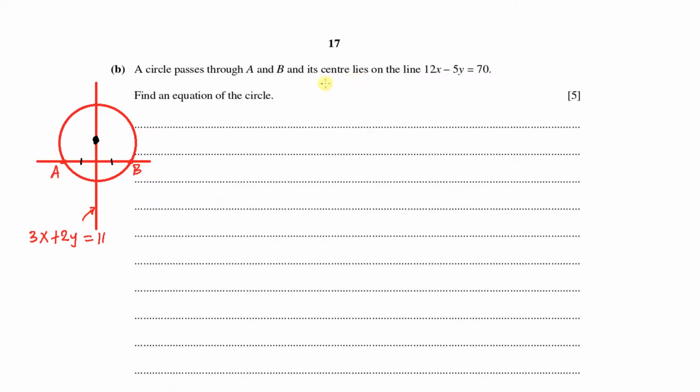We're also told that the center lies on the line 12x minus 5y is equal to 70, of which that is also where the perpendicular bisector passes. That's 3x plus 2y is equal to 11. So we can solve the two equations simultaneously to find the coordinates of the center here.